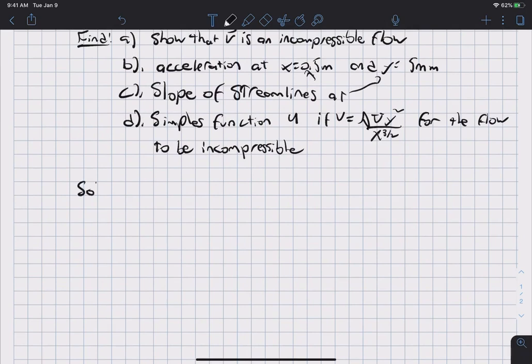So, solution. Well, first for part A, recall that the condition for incompressibility is that the divergence of the velocity vector is equal to 0, and that is the incompressibility condition.